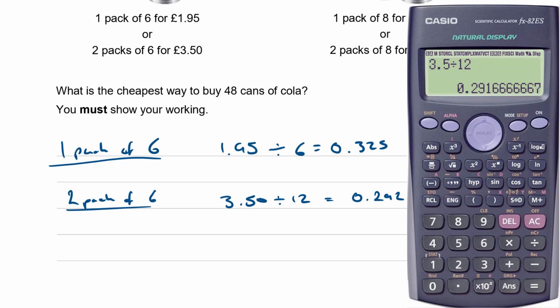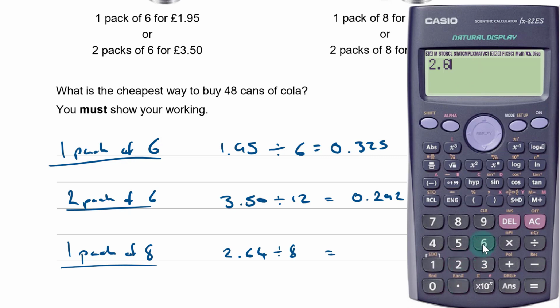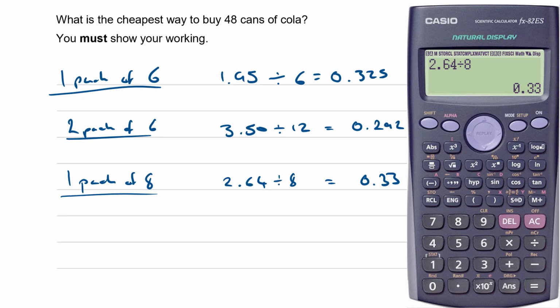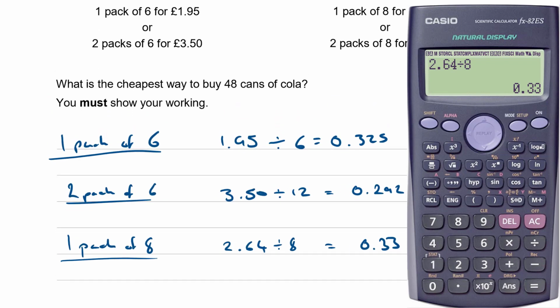Next, let's have a look at the 1 pack of 8. Now that costs £2.64, and I get 8 cans for that, so 2.64 divided by 8 gives me 0.33 per can. So interestingly, it's the most expensive. You'd think it'd be the cheaper of the 2, but nope.